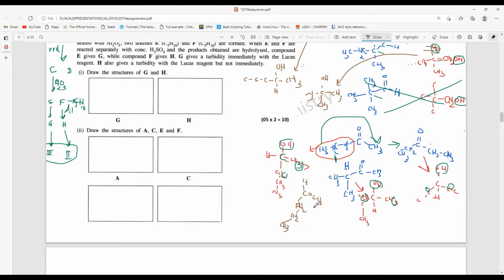So when I hydrate again, there will be CH3 here, one CH3 here, and there will be OH here to form the single bond. If the hydrogen is eliminated from this position, and if the hydrogen is eliminated from this position, then what is going to happen? So this is from this position, because initially CH2 is formed, then hydrogen is added to it.